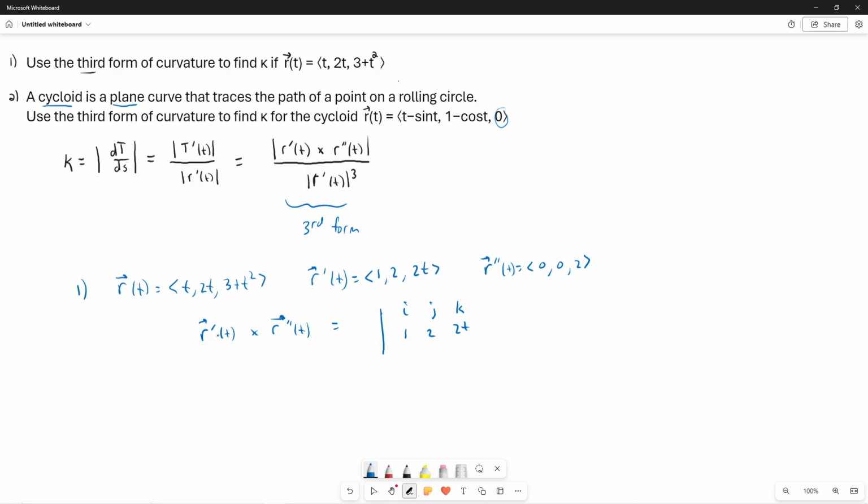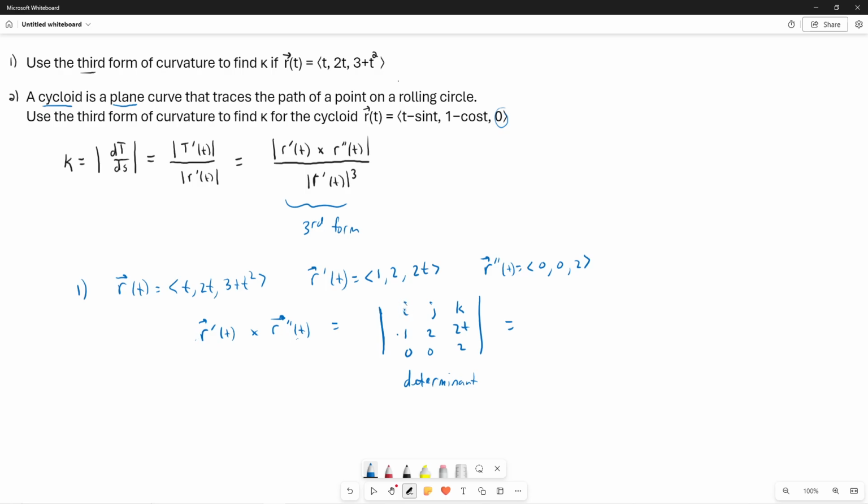In a cross product, this vector goes first, and then this vector below it, 0, 0, 2. And now we calculate the determinant of this 3 by 3 matrix. That's what these vertical bars mean. They mean determinant. The determinant turns a matrix into a scalar quantity.